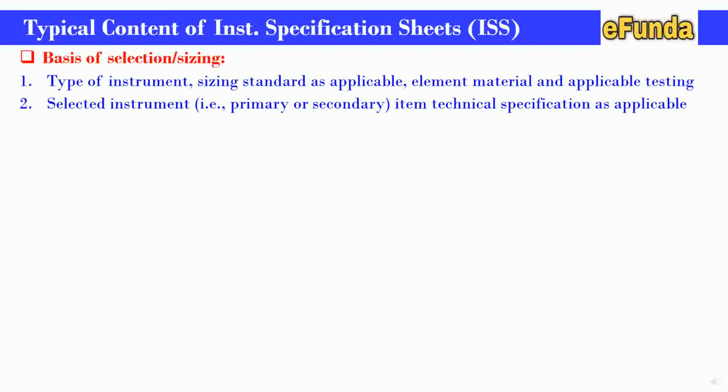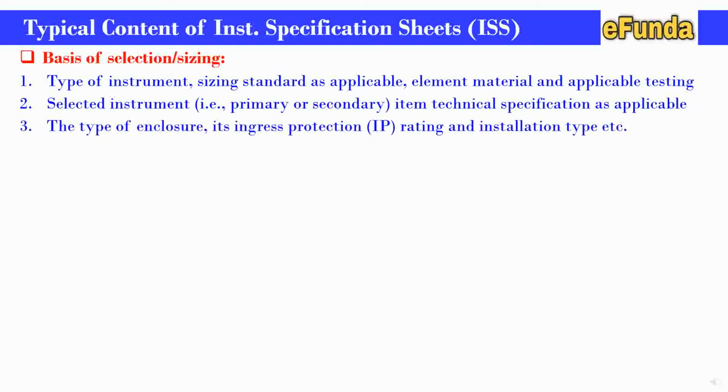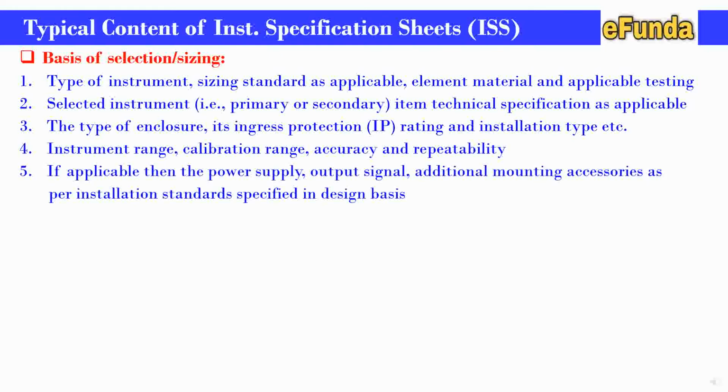Point number three, the type of enclosure, its ingress protection rating and installation type, etc. Point number four, instrument range, calibration range, accuracy and repeatability. Point number five, if applicable, then the power supply, output signal, additional mounting accessories as per installation standard specified in the design basis.